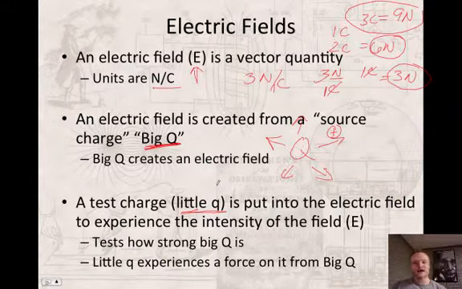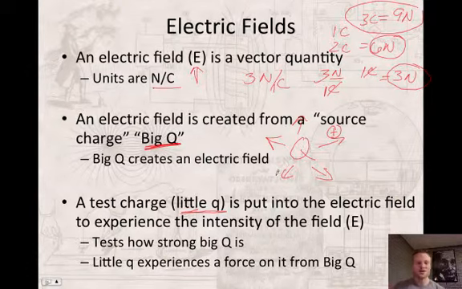It's like the little test pilot that goes into the electric field to see what type of force it experiences from that field. So it can test how strong big Q is, and we can figure out the intensity of that electric field.